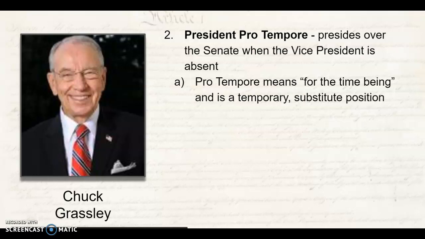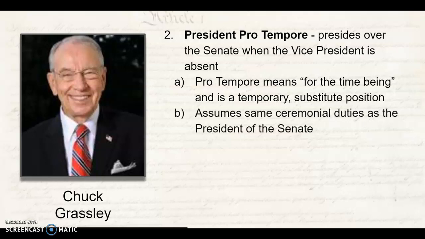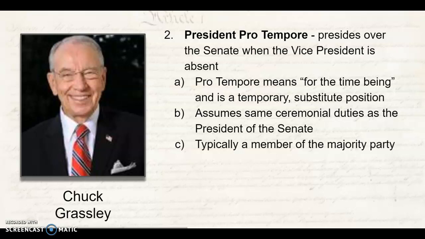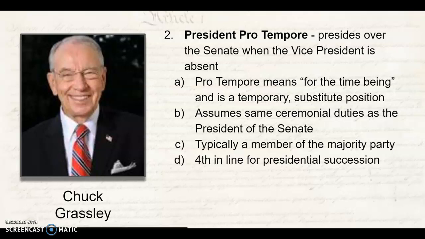Pro tempore means for the time being and is a temporary substitute position, officially, but unofficially, they have more of a role. They assume the same ceremonial duties as the president of the Senate. They are typically a member of the majority party, which in this case is correct because Chuck Grassley is a Republican. They're fourth in line for presidential succession, so they're next after the Speaker of the House.